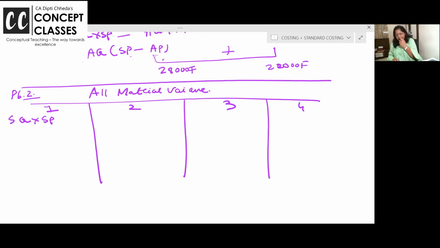Yes, you can make these columns in the exam, but I won't prefer making a flowchart. You come in your institute's format. Standard quantity, standard price. Actual quantity into actual price.